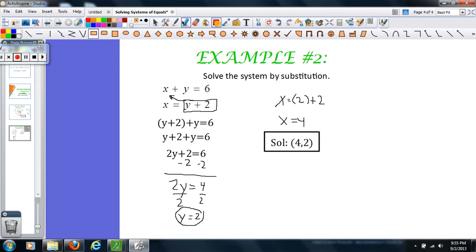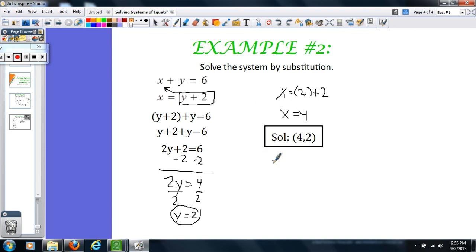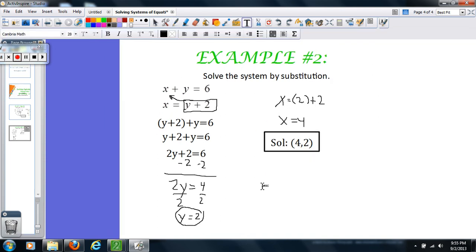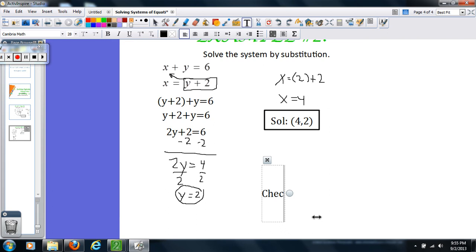And again, just like I told you before, you can actually take this and plug it in. So I'll show you here now. For my check, I'm going to say x was 4 plus y is 2, and that should equal 6.